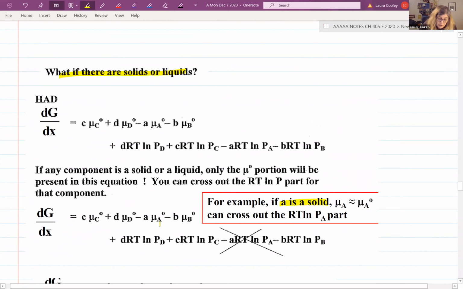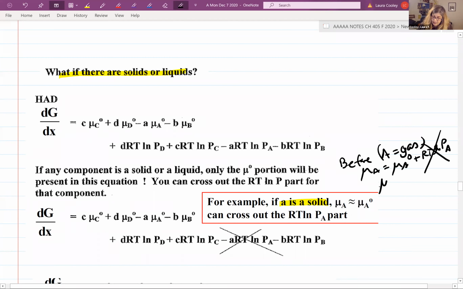The difference between this and the example we just did is that before, when A was a gas, we had mu_A is mu_A0 plus RT log P_A. And now we just don't have that part. If it's a solid or a liquid, it's just equal to mu_A0.